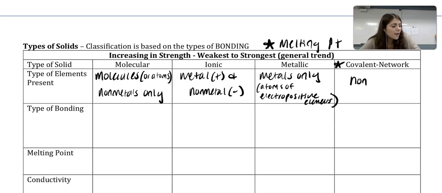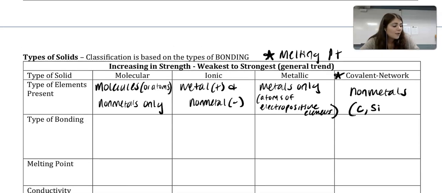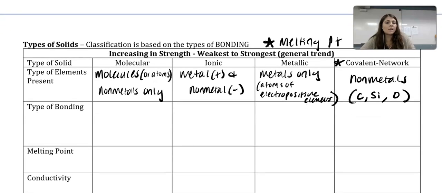Covalent network, we're going to say non-metals. Generally, when it comes to these, you might see carbon, you might see Si. There are other examples, but these tend to be them. You might see O sometimes, okay? It kind of just depends, and this is going to be probably the most confusing, but this part right here, melting point, is going to be our key factor in deciphering between our weakest and our strongest, because right now, molecular and covalent seem relatively the same. Their biggest difference is melting point.